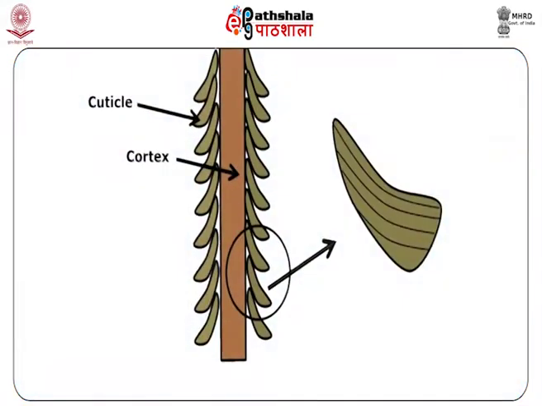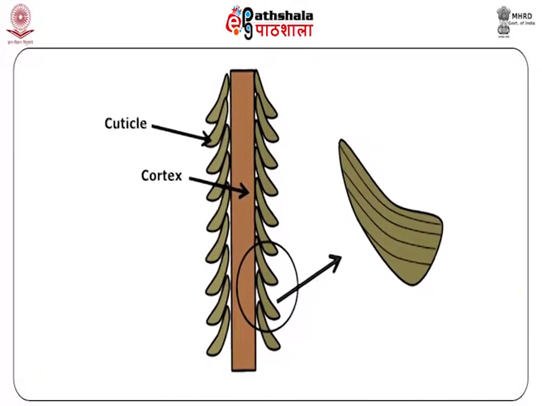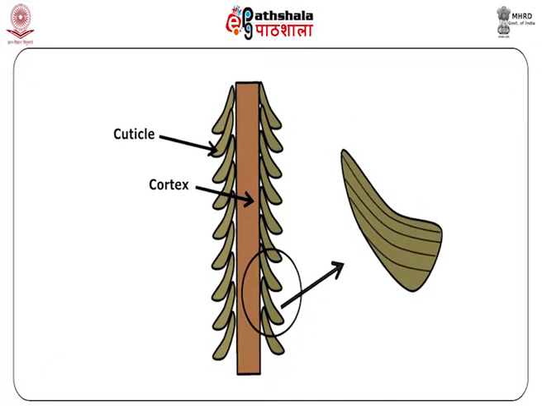Further, the structure of the cuticle is like the scales of fish and is also characteristic of origin. Physical properties of hair like refractive index, birefringence and density also differ not only from one species to another, but also from one individual to another individual.